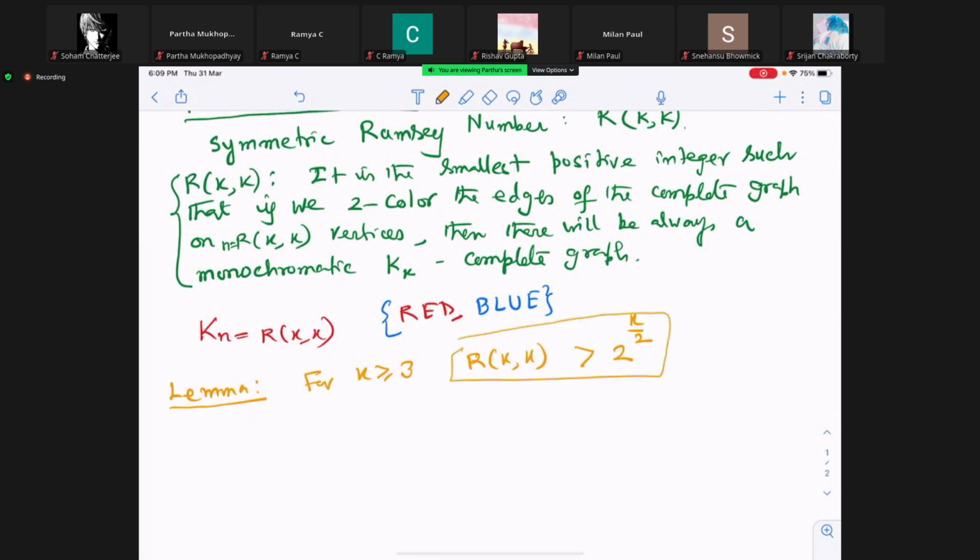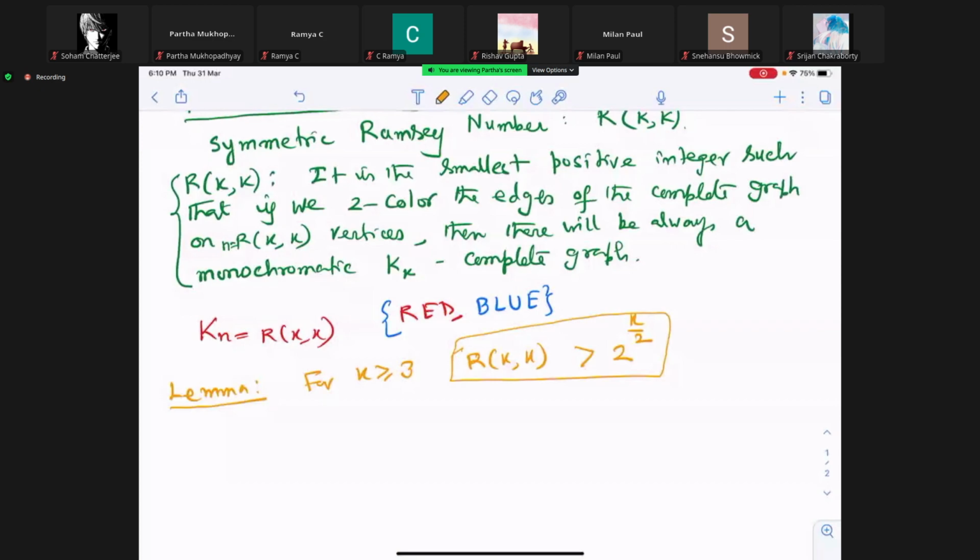we want to address. Of course, you can always ask what the upper bound is. There are upper bounds, I think the currently known upper bound is something like 4 to the power k, but that will require a different method to prove. At the moment, we just focus on this statement.